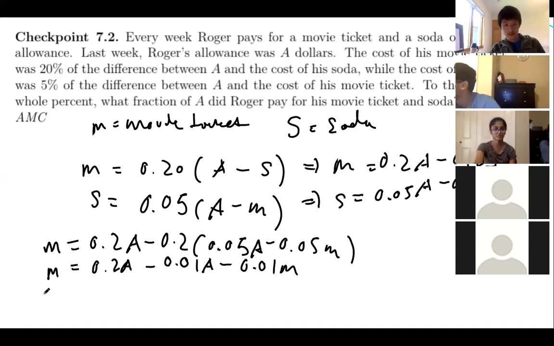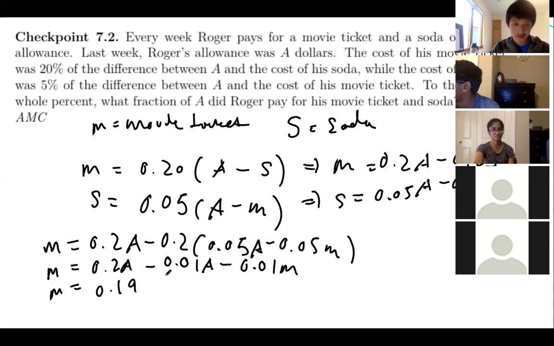Okay, so keep going. We got 0.19A equals 0.99M.